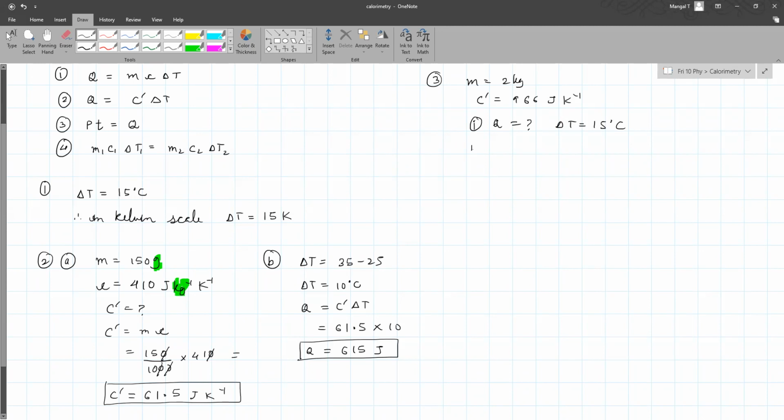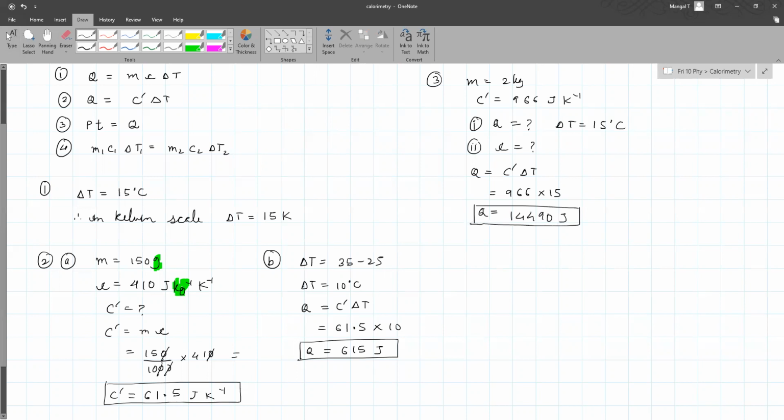Okay, and they are also asking you to calculate the specific heat capacity. So Q is equal to C prime into delta T. So 966 into 15. So that value will be 14490 joule.